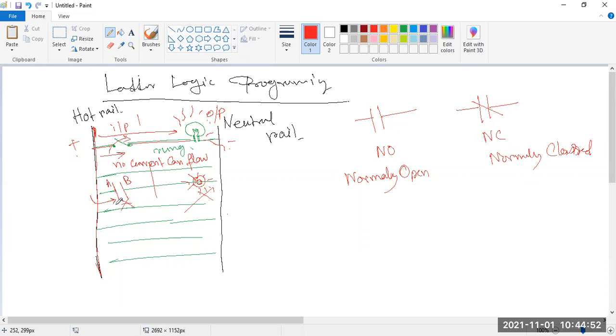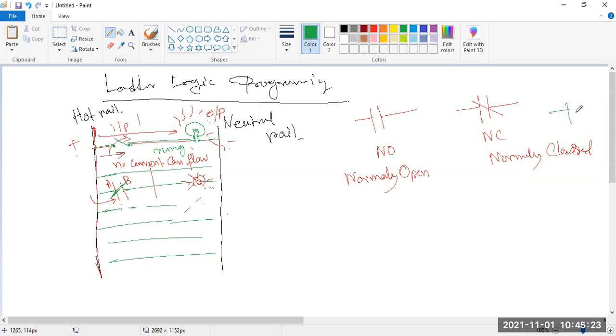But whenever I make it close, you may draw this in this way or in that way, whatever it may be. Generally we draw from left hand side to right hand side. Whenever I make it close, this is called NC.